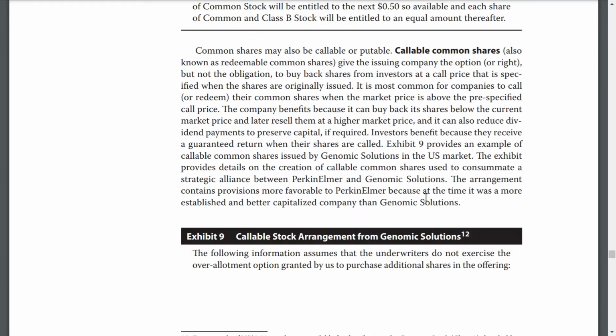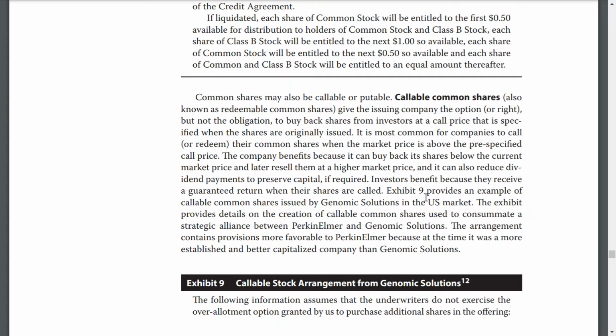Common shares may be callable or puttable. Callable common shares, also known as redeemable common shares, give the issuing company the option or right, but not the obligation, to buy back shares from investors at a call price that is specified when the shares are originally issued. It is most common for companies to call or redeem the common shares when the stock price is above the pre-specified call price.